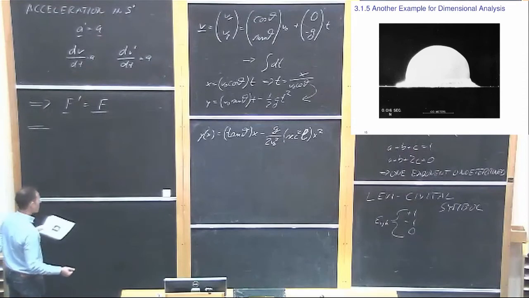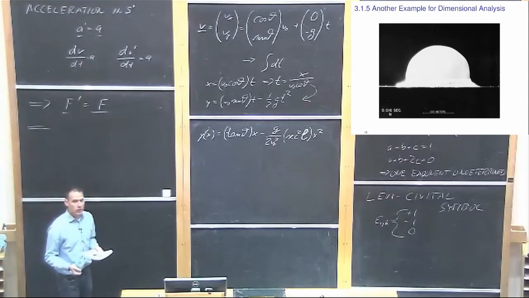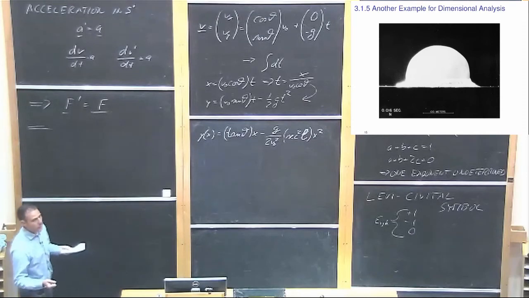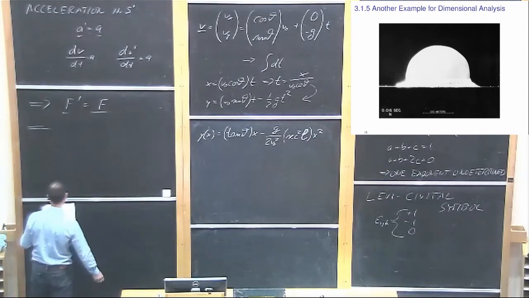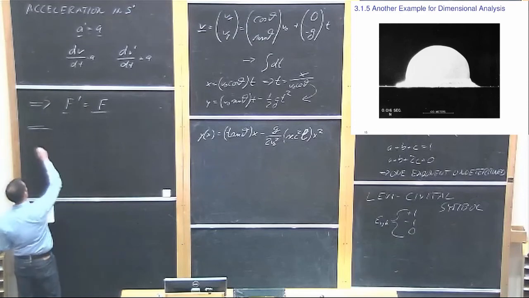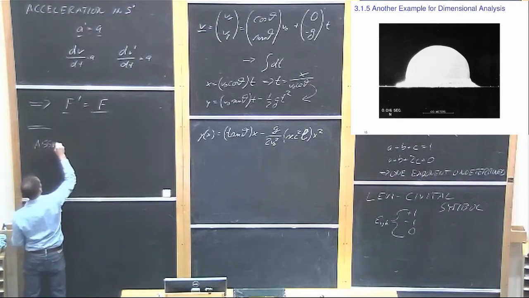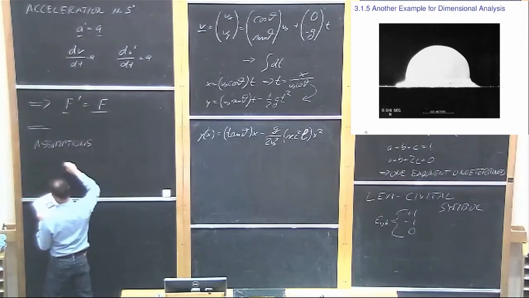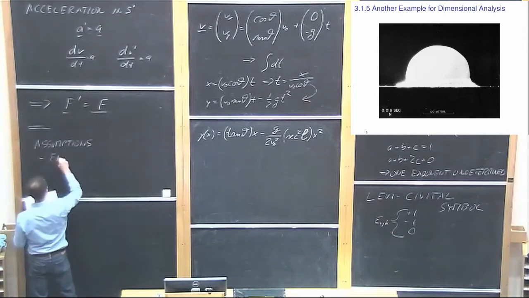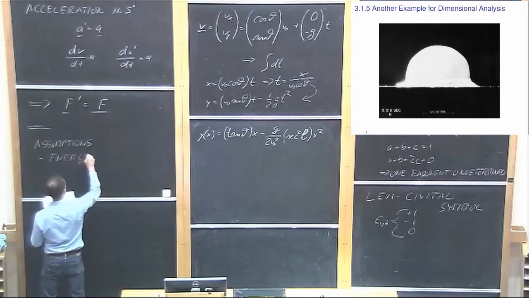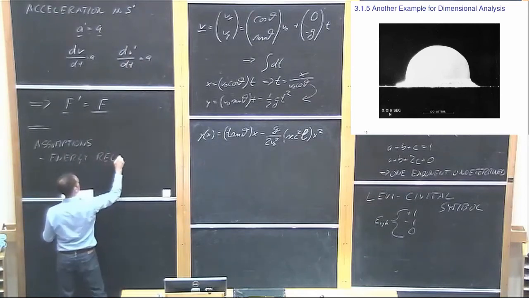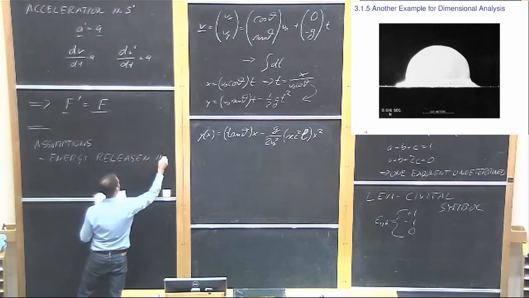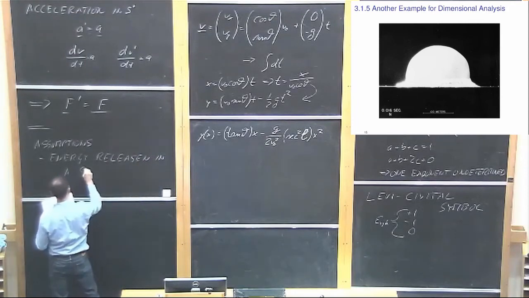Well, assumptions. If you've got a nuclear weapon, a lot of energy is released in a very, very small space. So as often, physicists assume something like a point source. So the assumptions: energy E released in a small space.